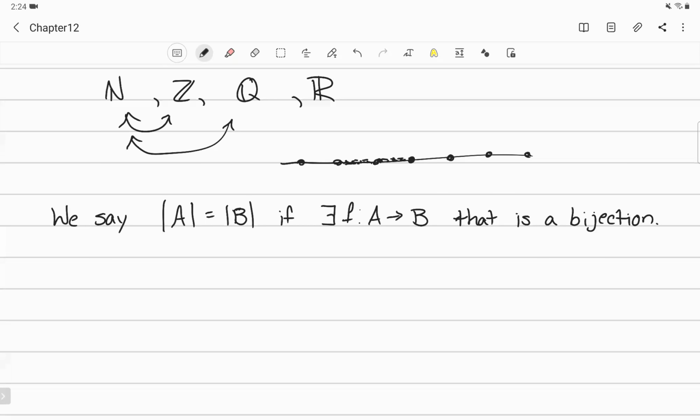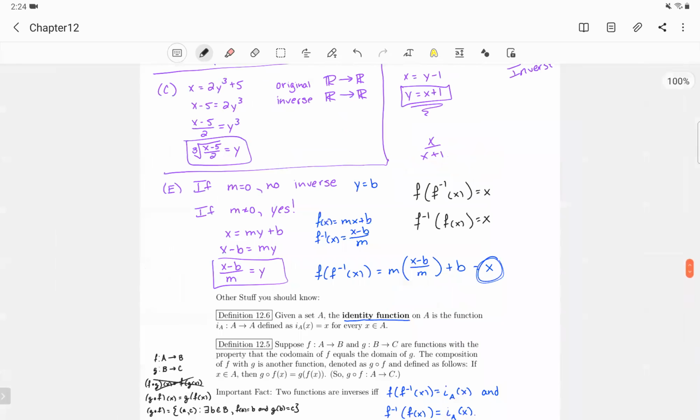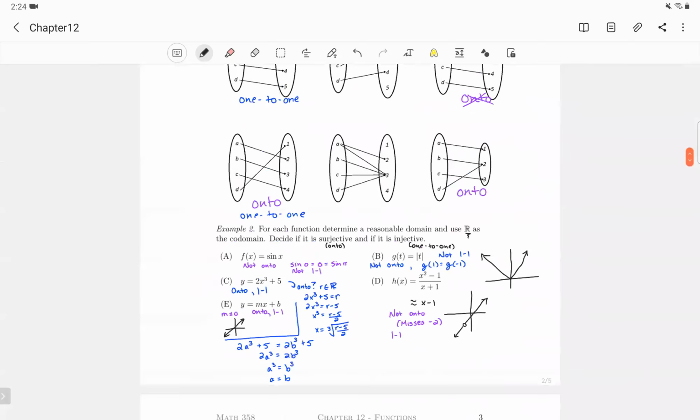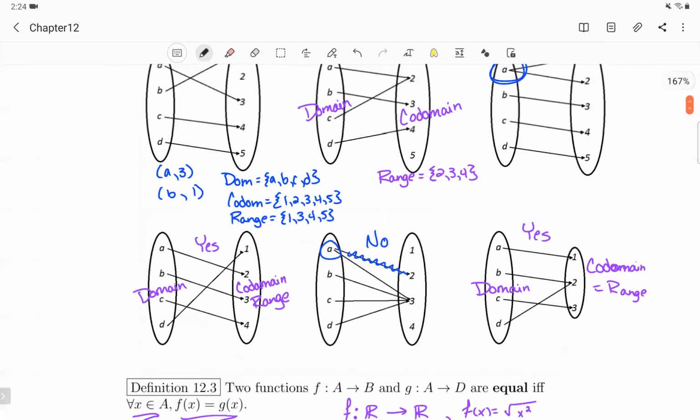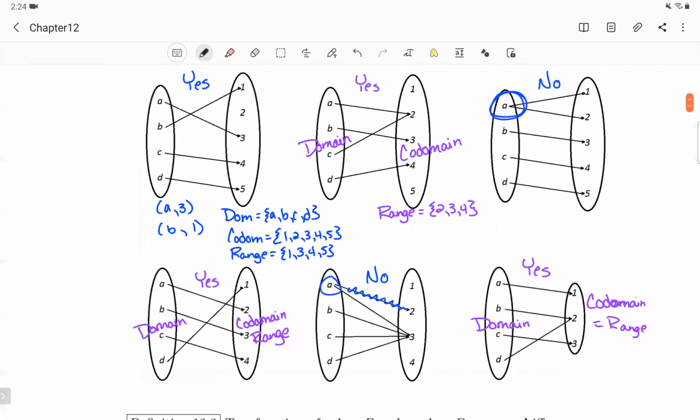Now, to show that this makes sense, I'm going to go back to page 1 of our notes. Let's look at the first one in the first row and the first one in the second row. Both of these are 1-to-1, but only the second one was onto. You see that?